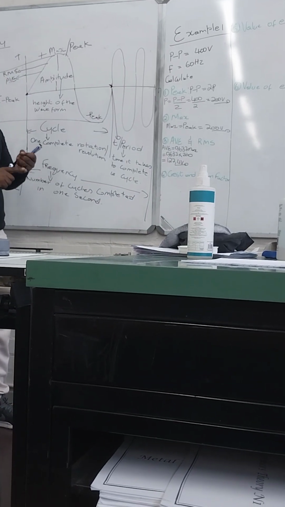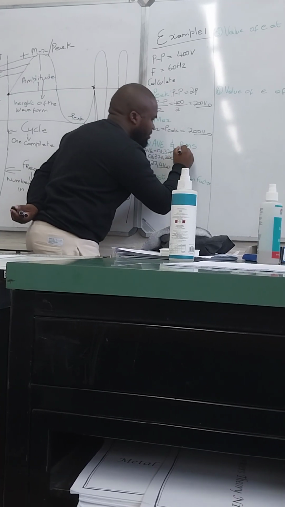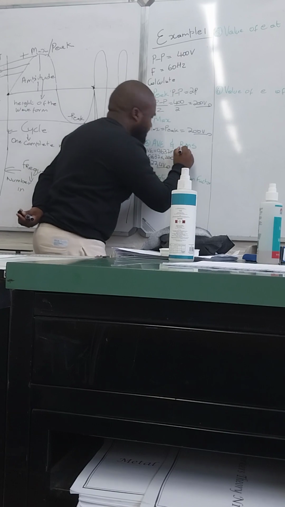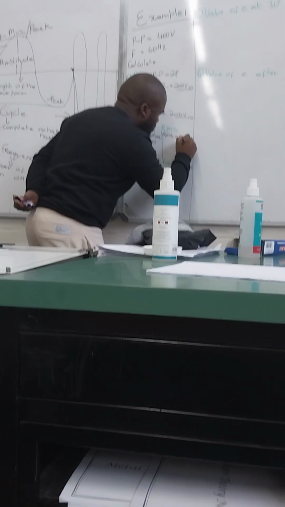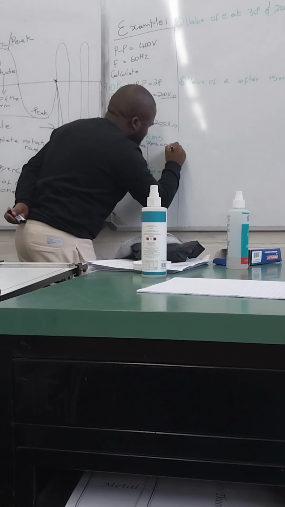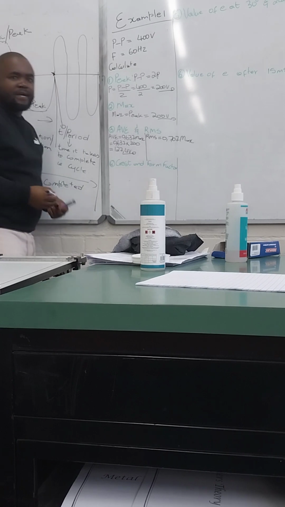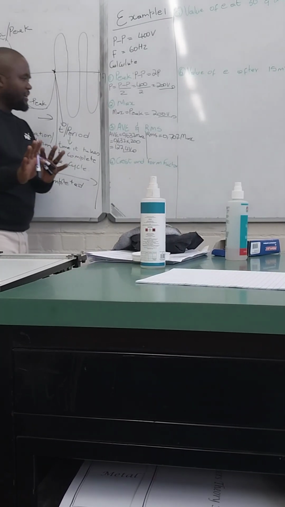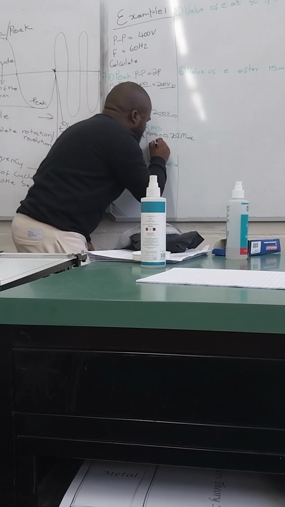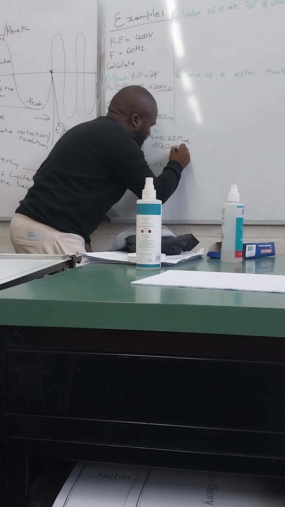Then how do I calculate the RMS value? Again, for RMS, you don't memorize, it's given to you. The equation of RMS is equal to 0.707 times the maximum value. Again, it will be given to you. Those two equations, you don't have to worry about them, they are given. So this will be 0.707 times 200.